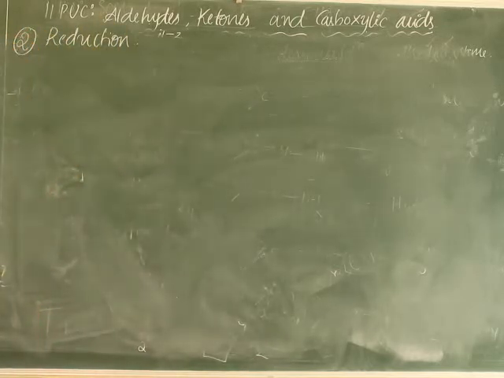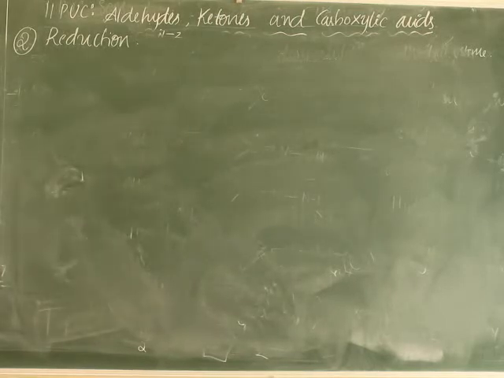Okay, this reduction reaction we already studied in the previous lesson, right? What is that? Aldehydes or ketones on reduction with a catalyst like palladium, or in presence of sodium borohydride or lithium aluminum hydride, result in the formation of primary or secondary alcohols, right?